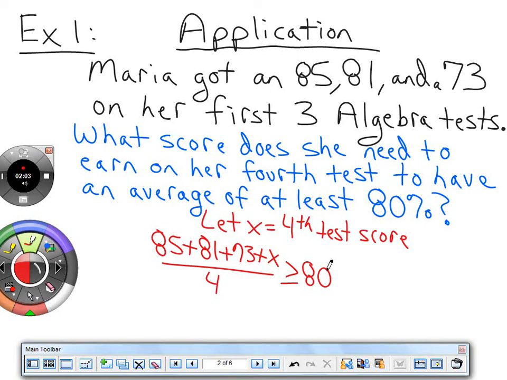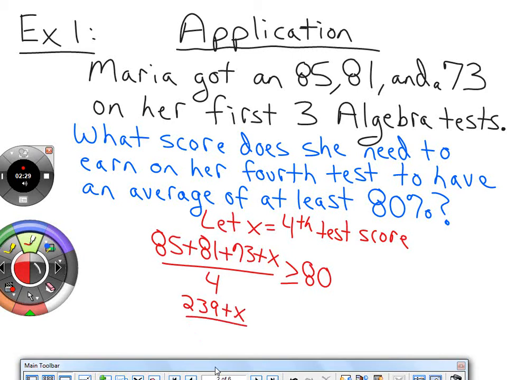All right, so we're going to do the math. We're going to go ahead and add these numbers up. I probably should have done this a little earlier. So 85 plus 81 plus 73 is going to be 239. So that's 239 plus x divided by 4, and that has to be greater than or equal to 80.